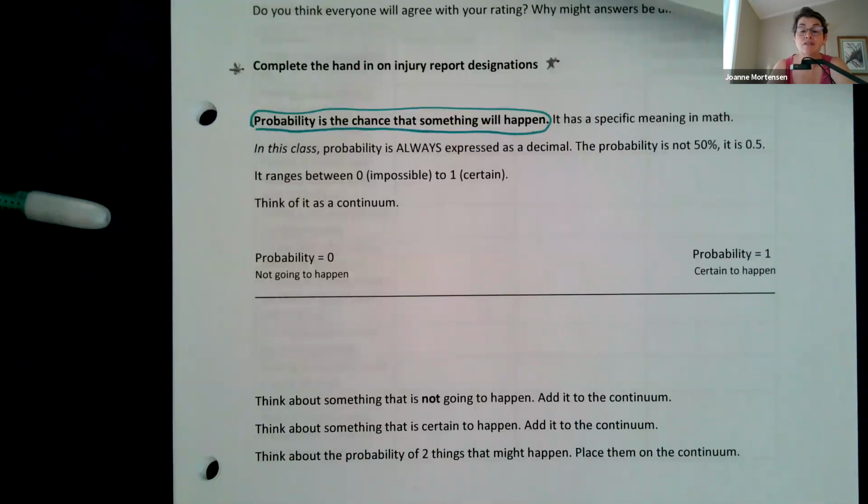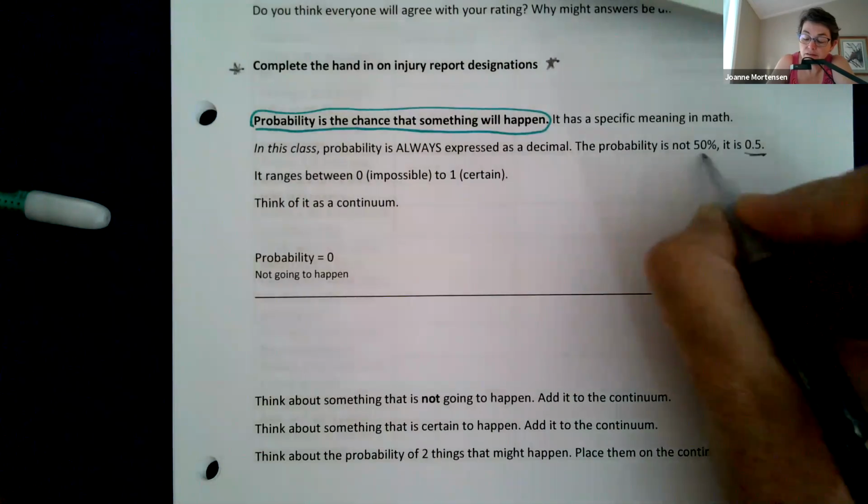Okay, so first of all, in this class, and that's just so we're all talking in the same language, we're always going to express probability specifically as a decimal. So we're not going to say the probability is 50%. We're going to say the probability is 0.5.